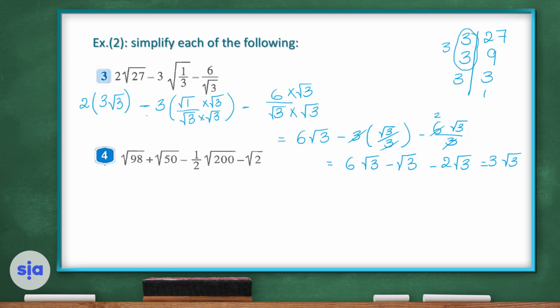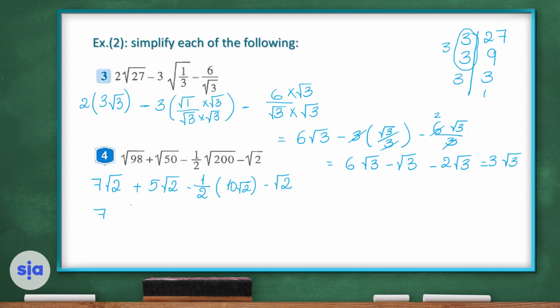Question 4. We make the prime factorization for the 98. It will be 7 root 2. And the prime factorization of the 50 would be 5 root 2 half times the prime factorization of square root of 200 is 10 root 2 minus square root of 2.